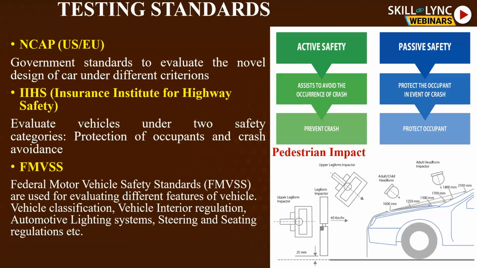You can say that the morphology of individuals in different countries is different, it's not the same. So as per the requirements, such as pedestrian impact and all those things, each government is coming up with its own standard and vehicles are tested based on that standard.